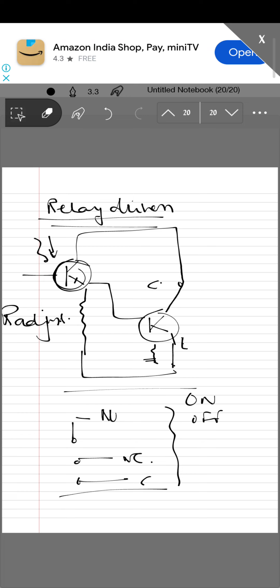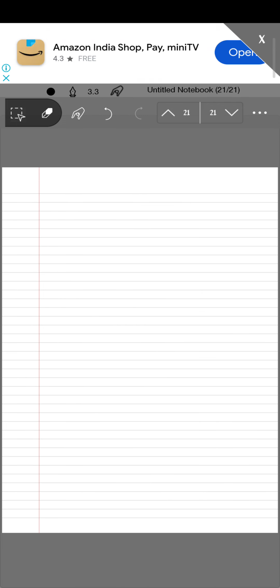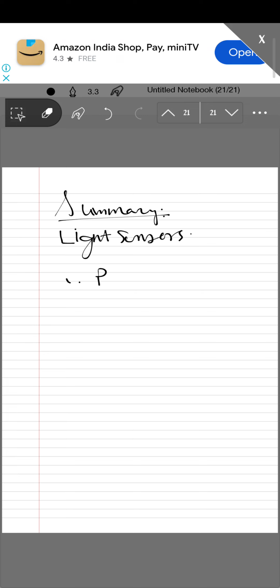Let us summarize what we have studied. We have discussed some light sensitive devices, let's call them light sensors. The first one is the photoresistor, where the resistance changes with the application of light.